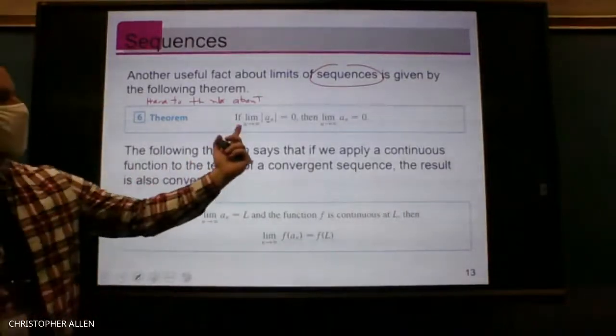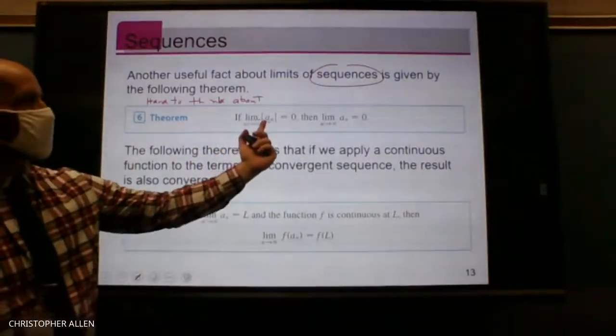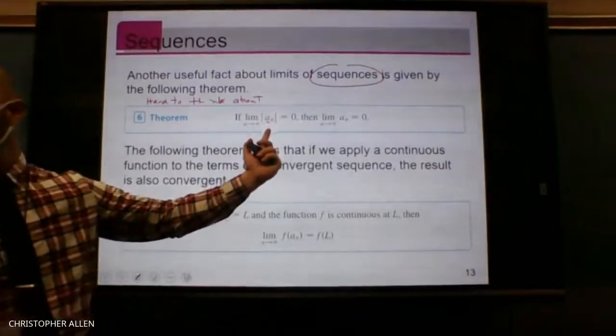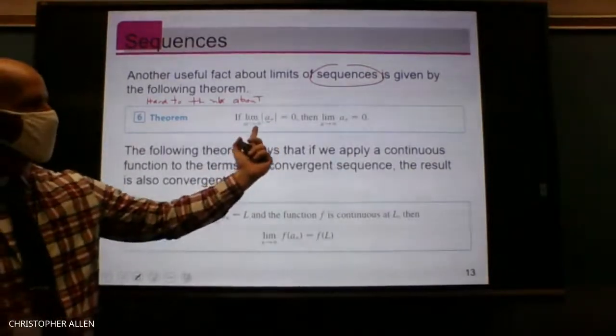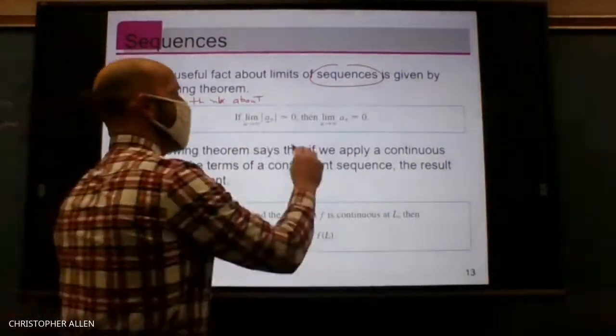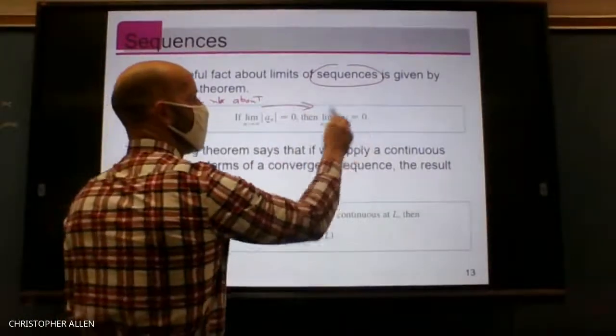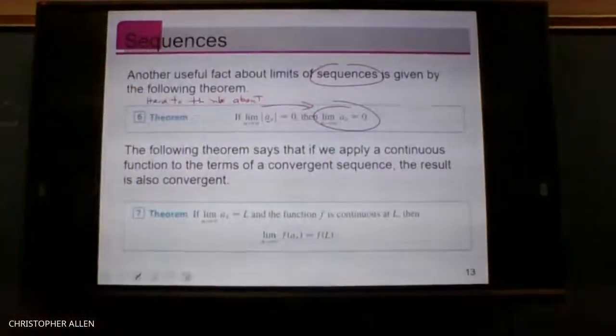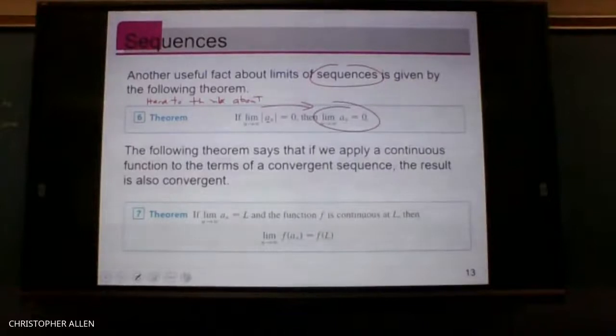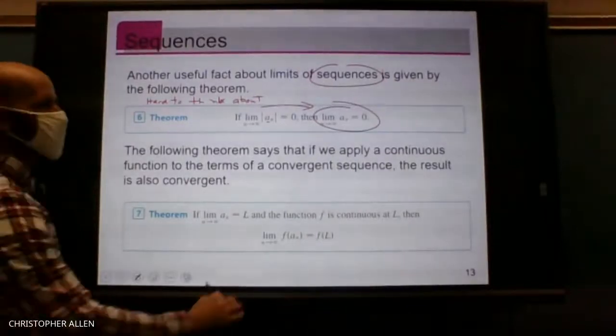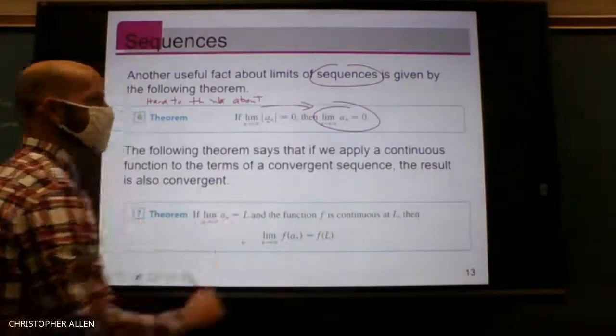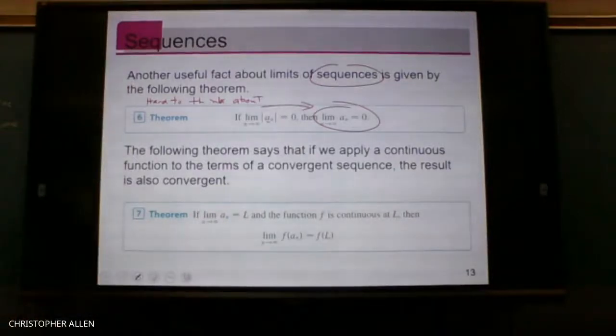If the limit of the sequence's absolute value as n goes to infinity is 0, then you can conclude the limit of that sequence is 0. Now, I want to emphasize that this is written very specifically with those limits.